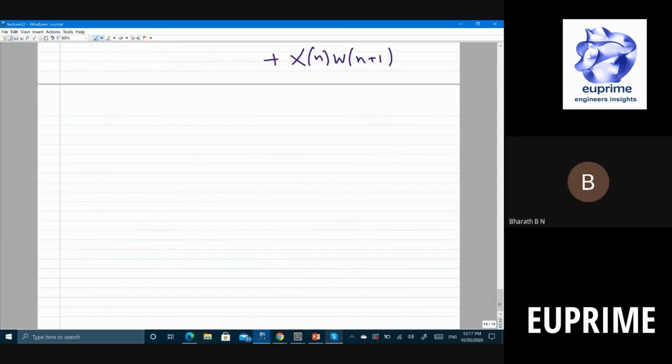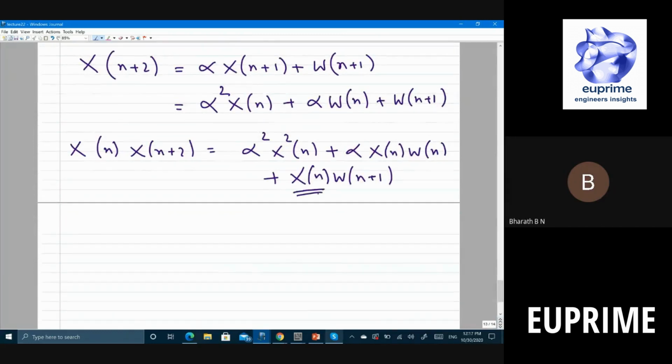Now x of n depends on w of n minus 1 and so on. It doesn't depend on w of n plus 1, so they are independent. When you take the expected value, the expected value of w of n plus 1 is 0, therefore we need not worry about this term. Only these two terms matter.